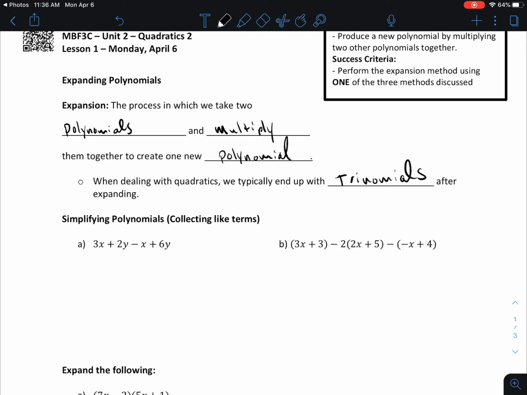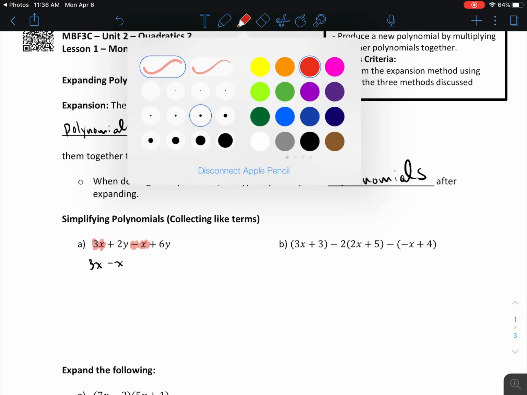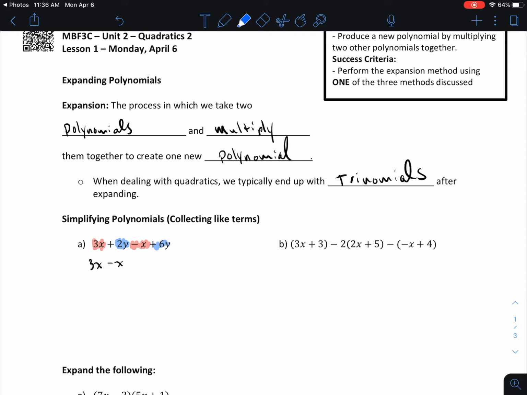So simplifying polynomials is simply collecting like terms. So I see here, we did this in the first quadratics, but I could rewrite the statement and group all the x's together and group all the y's together. So I could rewrite this one as 3x minus x, and then I also have some y's here too, so I'm going to go plus 2y plus 6y.